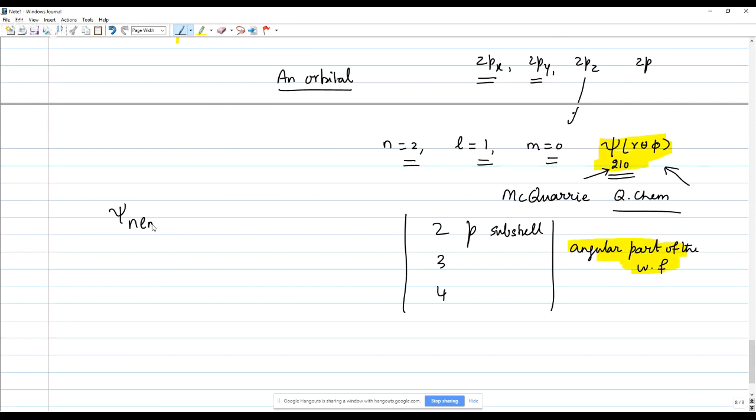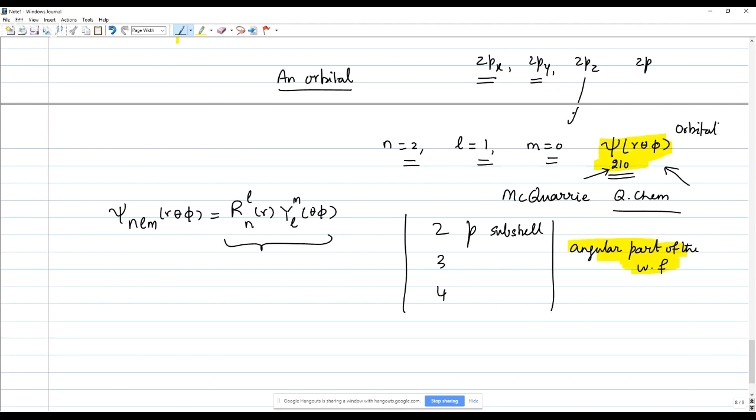Psi n L m of r theta phi, if you look at it, is written essentially as R n L of r, Y L m of theta phi. As long as you specify the three quantum numbers together, it is always an orbital.